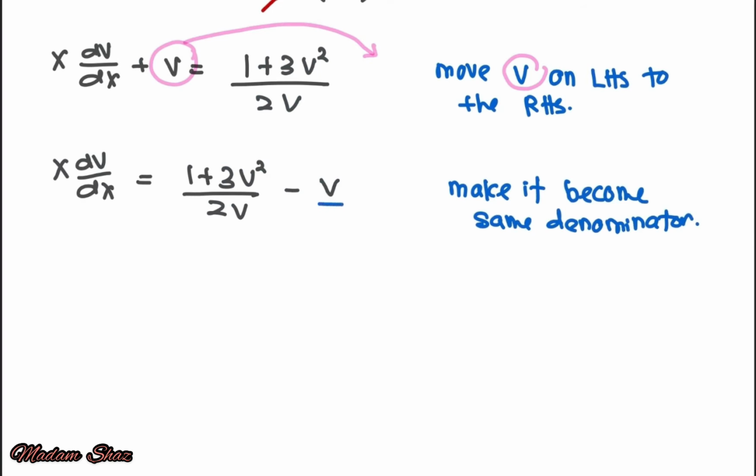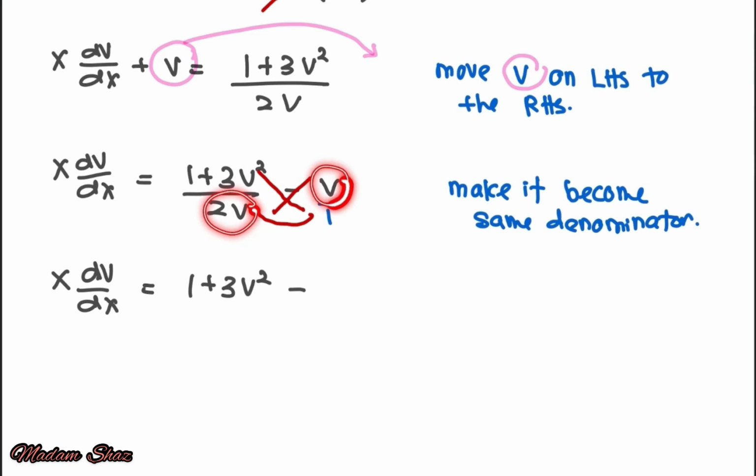So this one is v over 1, so we have to cross multiply. 1 plus 3v square multiply 1 will become 1 plus 3v square. Minus, because we have a minus operation here, 2v multiply v will become 2v square, divided by 2v multiply 1 will become 2v.